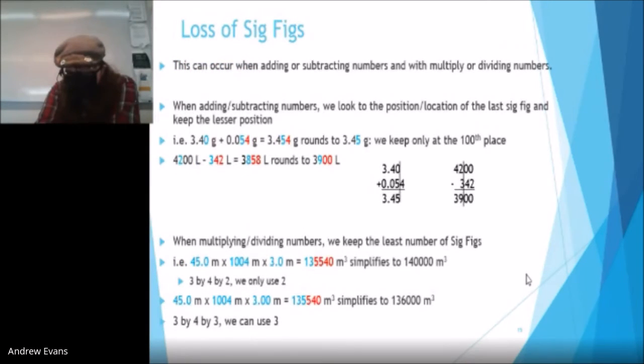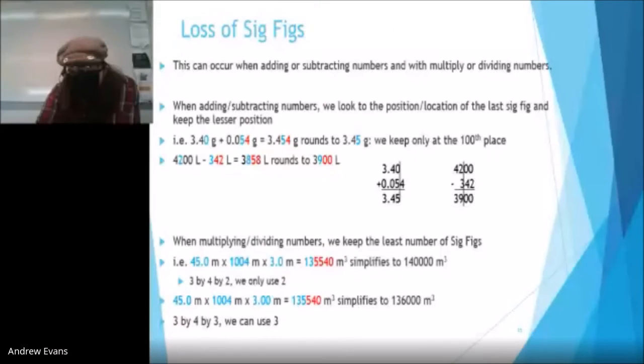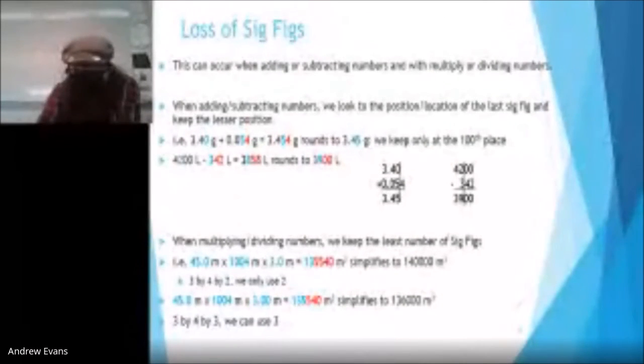Now, when we're dealing with these, we can lose these because we're going to be doing a lot of math with numbers that have varying degrees of accuracy. When we add or subtract, multiply or divide with these, the degree of accuracy is going to carry over. If I add a big number that is not super accurate to a small number that is super accurate, you're going to lose that small number entirely.